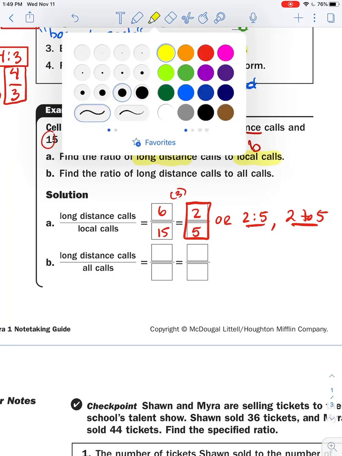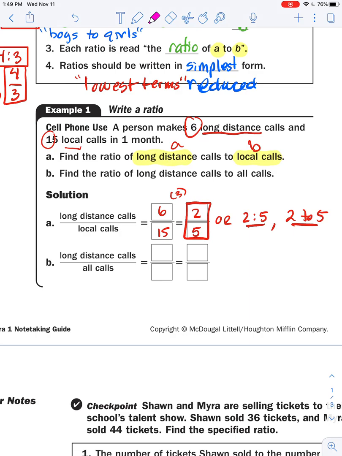How about if it asks me to write long distance to all calls? Well, okay, all calls is different. That means that we're going to have to look at the total. And so if we have 6 that were long distance plus 15 that were local, that total is 21.